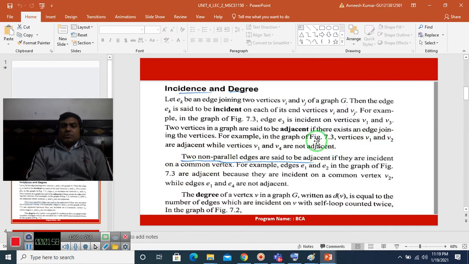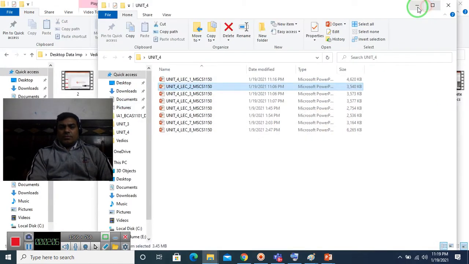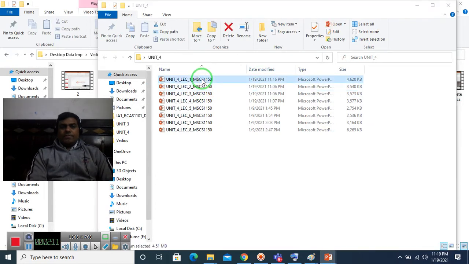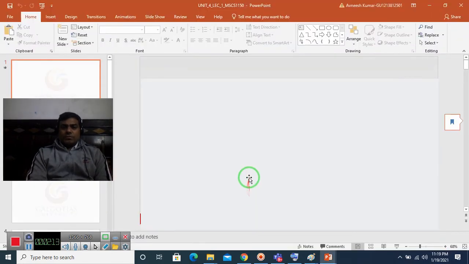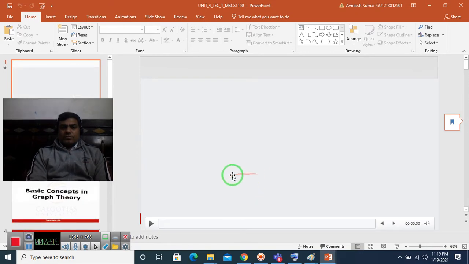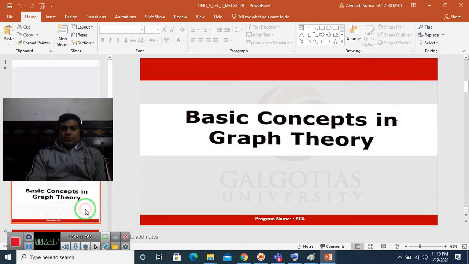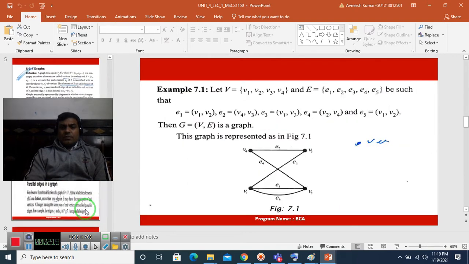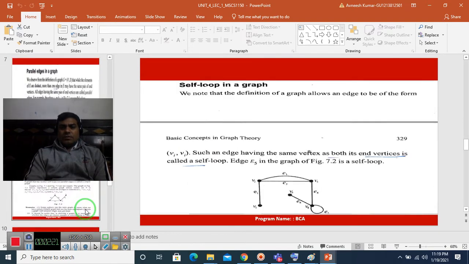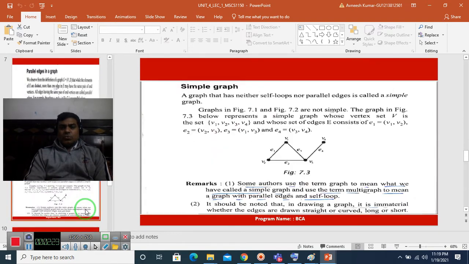So we should check figure 7.3. This is the 7.3 picture.